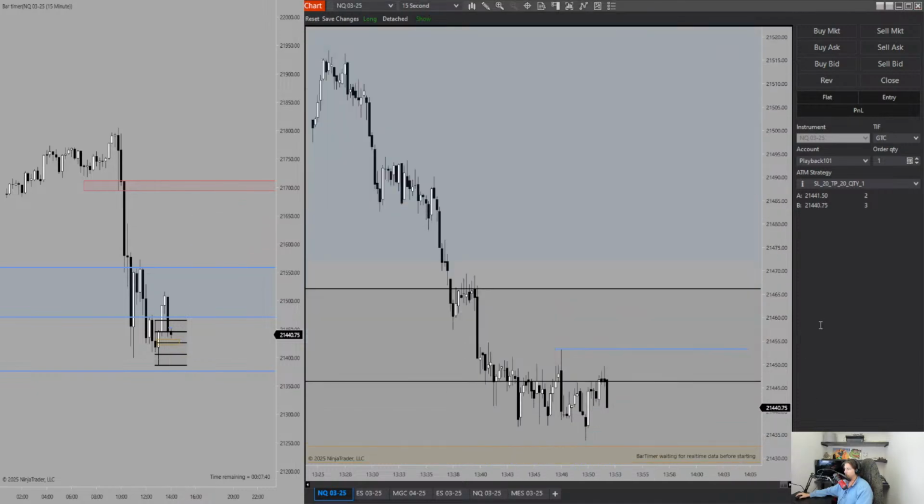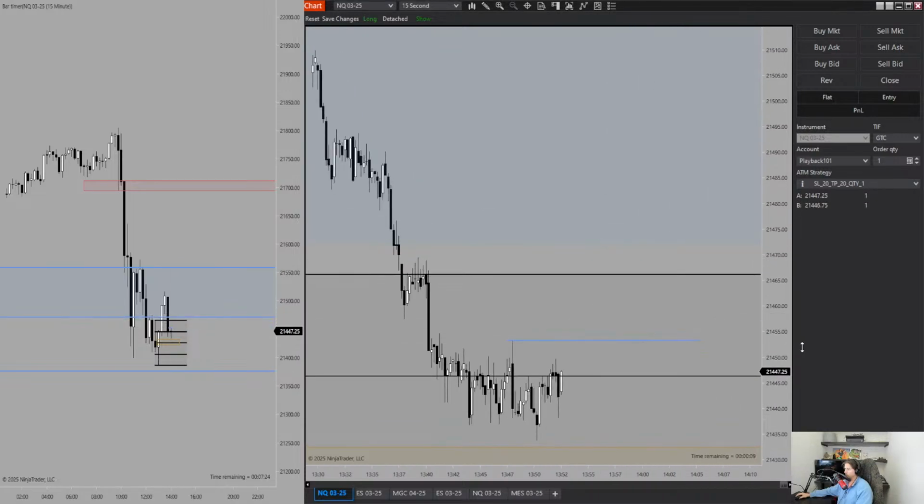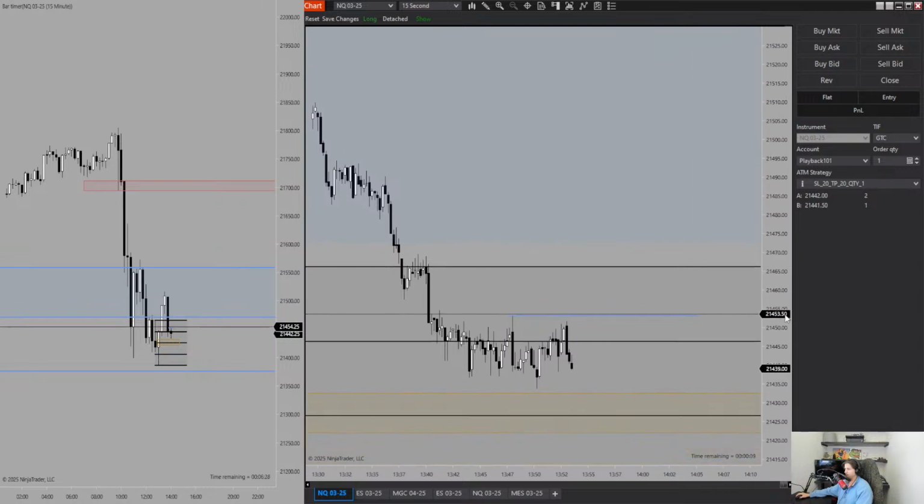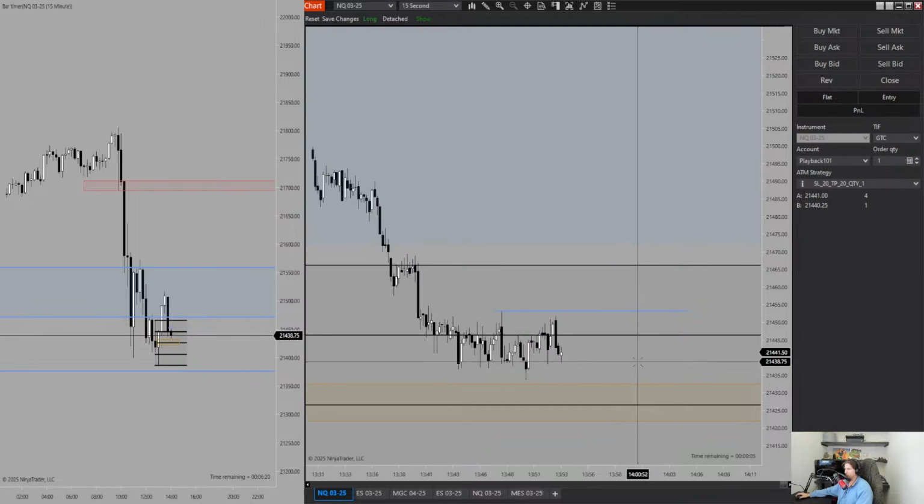We'll see here. Okay, it's a nice reaction so far. Come on, go up a bit. I want to get another trade in here. Okay, looks like it might want to take it.